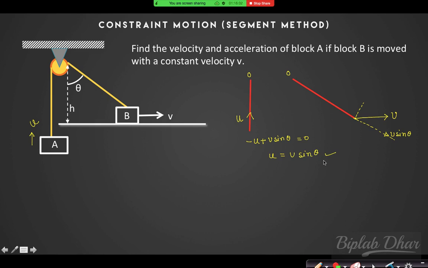Now can we calculate the acceleration of that block A at that instant? Sir, it's moving with constant velocity, so is it zero? No. Which one is moving with constant velocity, A or B?